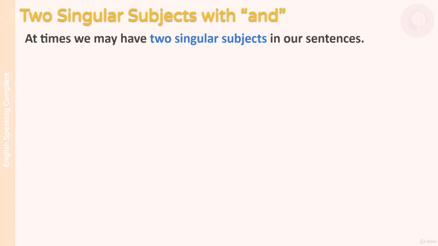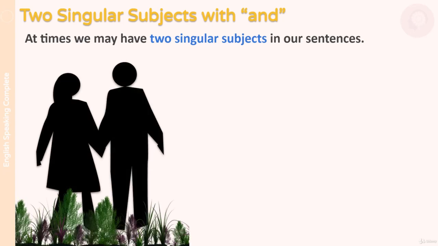Also, when we have two singular subjects joined with and, we can make some simple mistakes. So this is where we'll be talking about maybe two people in the same sentence with and to connect them. This is more than two people, so we must make sure that we use the plural verb form. Here's an example. Mum enjoys gardening.